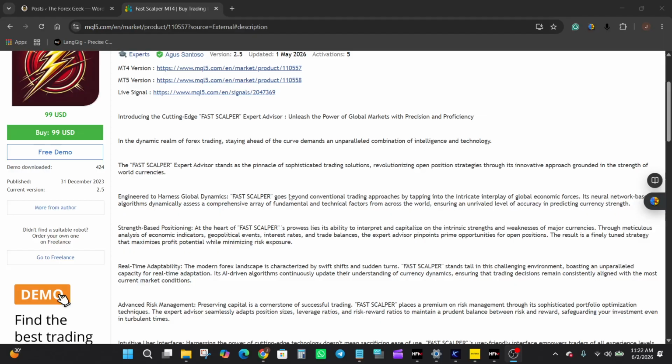The stated goal is to continuously evaluate global market conditions and adapt trading decisions as currency dynamics evolve. Another key area emphasized on the page is real-time adaptability. The developer explains that the system continuously updates its assessment of market conditions, allowing it to respond to changing environments rather than relying on a fixed market view.